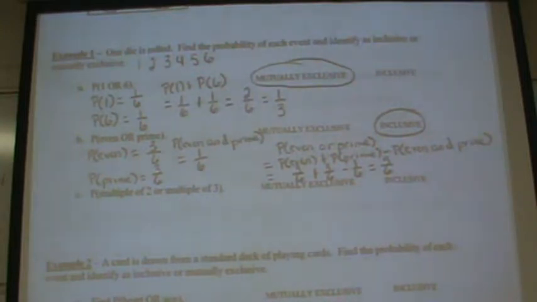Part C. We want to find the probability of a multiple of 2 or a multiple of 3. So are these events mutually exclusive or are they inclusive? Rolling a multiple of 2 or rolling a multiple of 3.